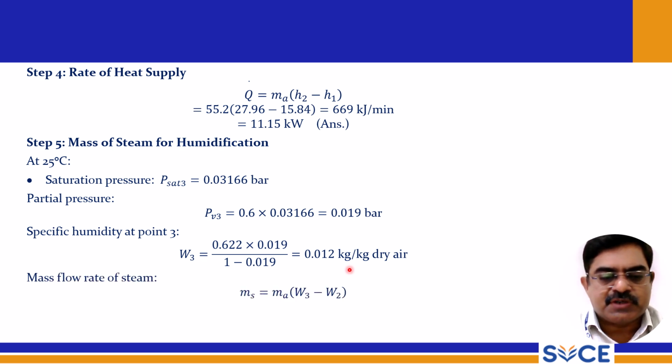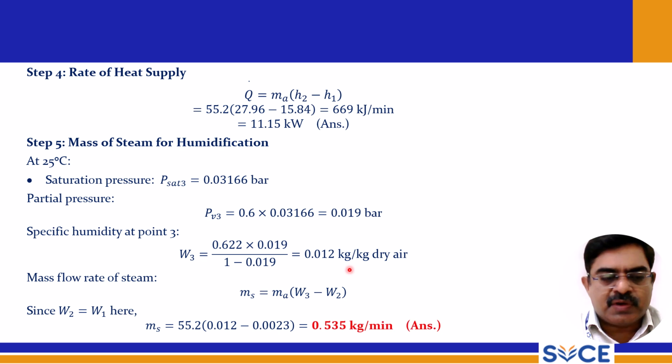And mass flow rate of steam ms equal to Ma into W3 minus W2. Since W2 equal to W1, we can substitute this, and 55.2 into 0.012 minus 0.0023, that becomes 0.535 kg per minute. So this is the specific humidity at point 3, and mass flow rate of steam is 0.35 kg per minute.